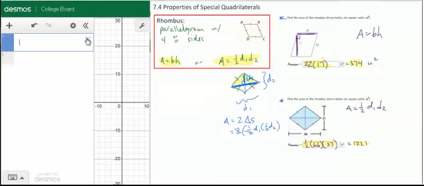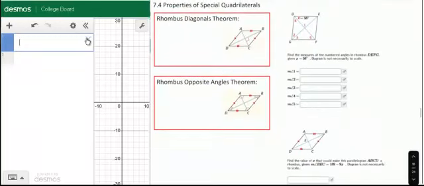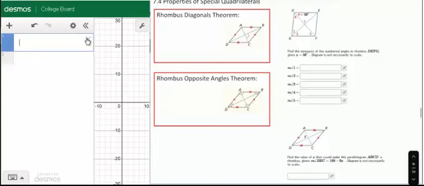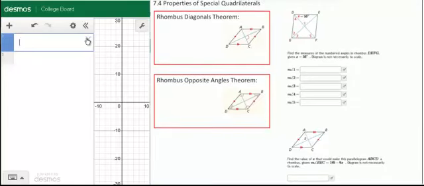All right, when you're dealing with a rhombus, there are some special properties that are specific to it being a rhombus. The first is what is enough to say that you're dealing with a rhombus.